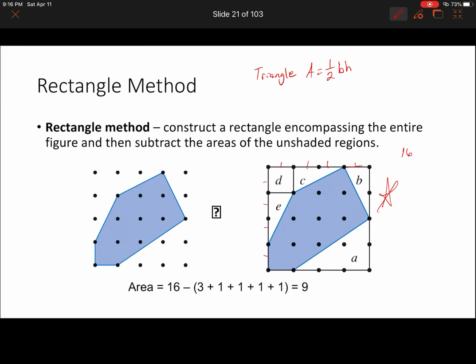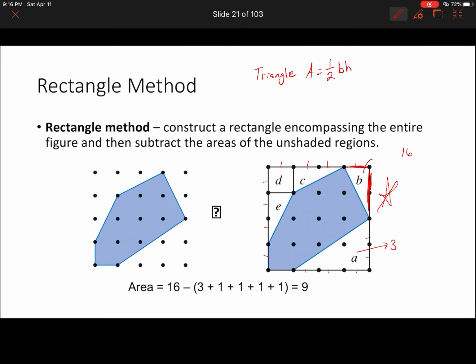So the base would be this length, height would be this length, and so it's 1/2 of that. So let's start with part A. You have 1, 2, 3, and then 1, 2. So 1/2 times 2 times 3 gives this an area of 3 square units.